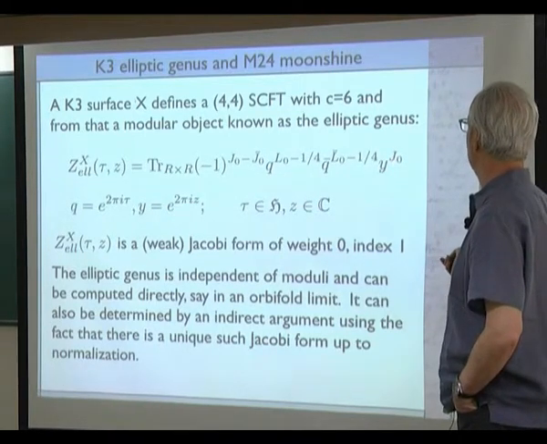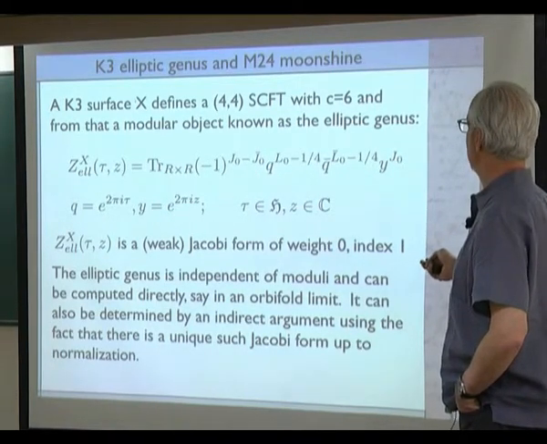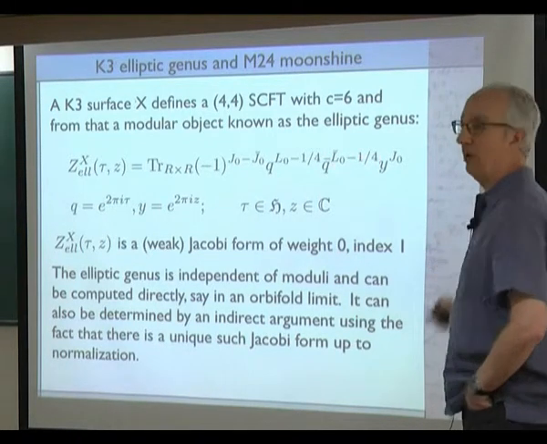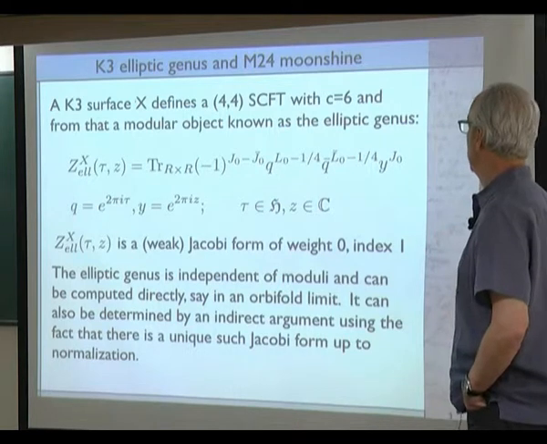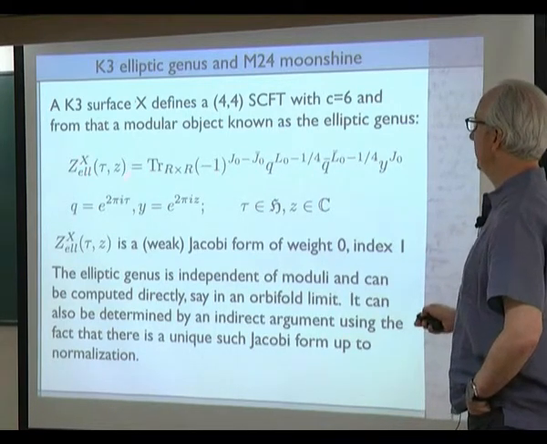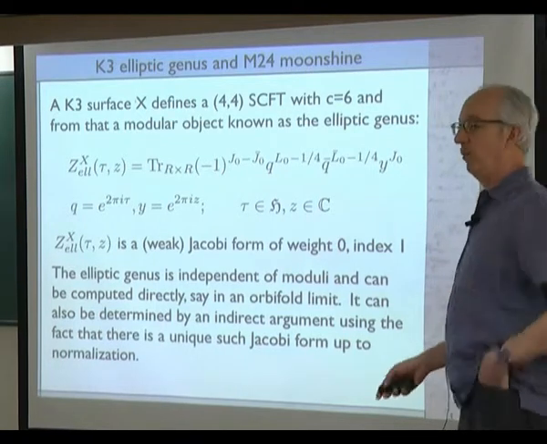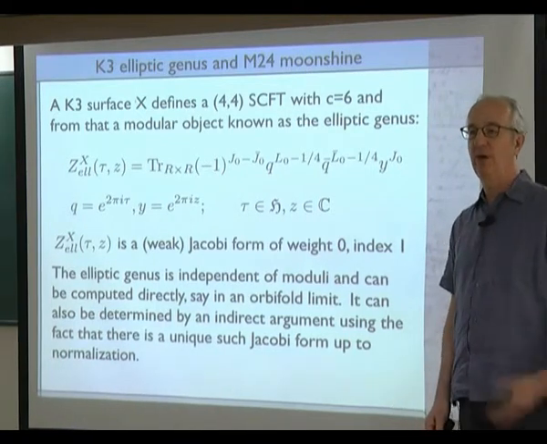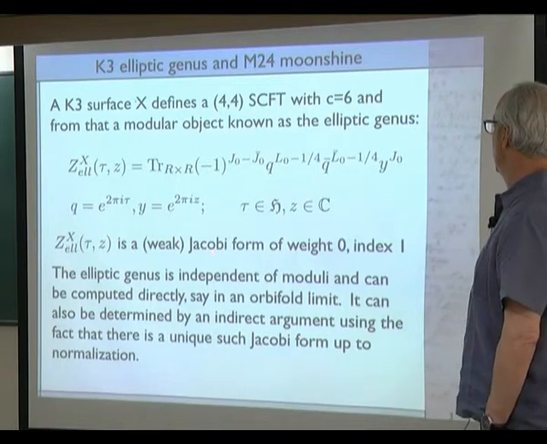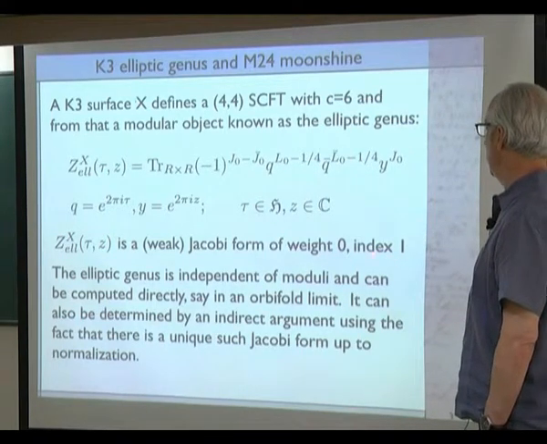There's a U(1) weighted by a U(1) charge, and this actually turns out to be a holomorphic object because all of the states that contribute have L0 bar equal to a quarter. So the standard modular properties of one-loop integrals in string theory, along with spectral flow, can be used to show that this is a weak Jacobi form of weight 0 and index 1.